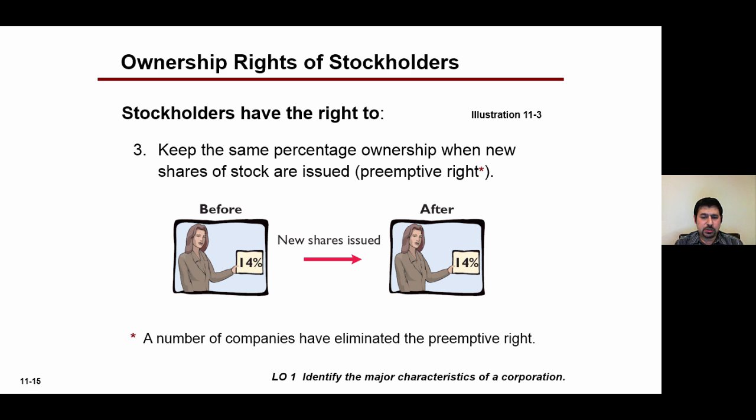So when the company issues new stocks, the shareholders, before the new stocks are issued, will have priority to buy the number of stocks needed to keep the same percentage of ownership, the same share of the company once those new shares are issued. It does not mean that they will get those shares for free. They simply have the right to buy them before other people in order to keep the same percentage of ownership in that company.